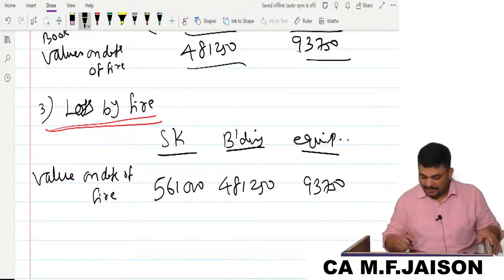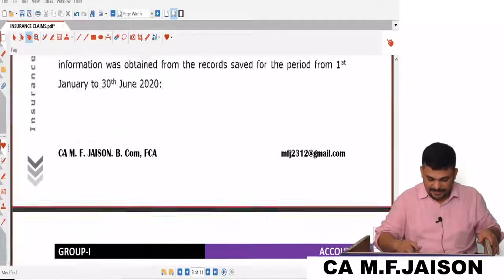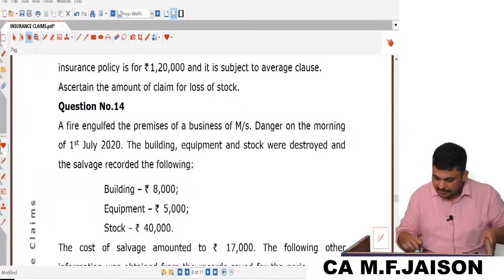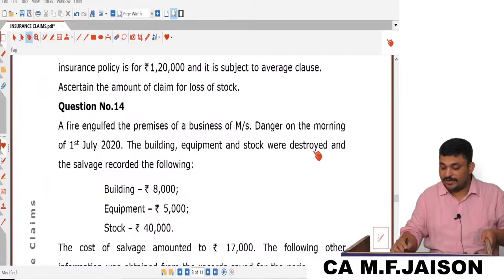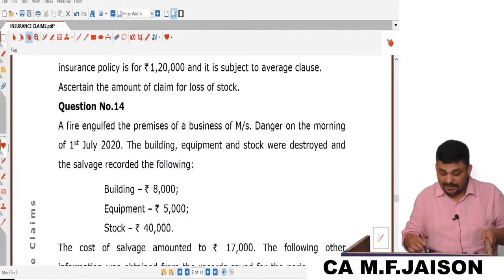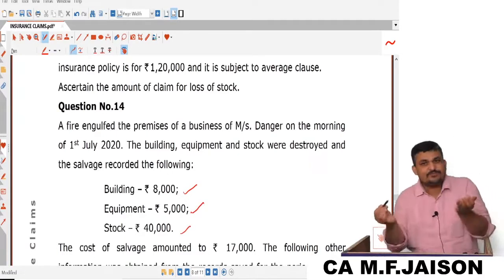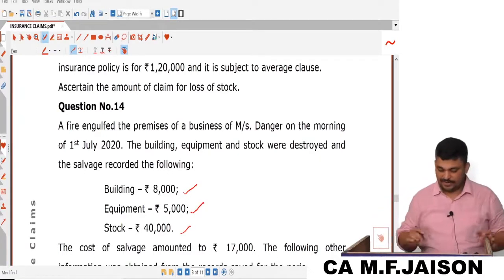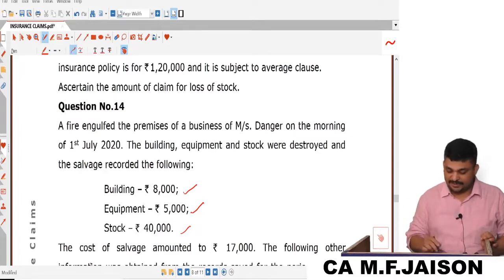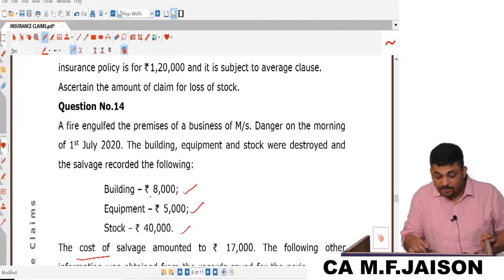Then when the fire accident occurred in my place, the building, equipment and stock were destroyed and salvage recorded the following: building salvage, equipment salvage, stock salvage. Salvage means whatever you have saved. And I will tell you one more explanation. What is cost of salvage? This is what you saved.